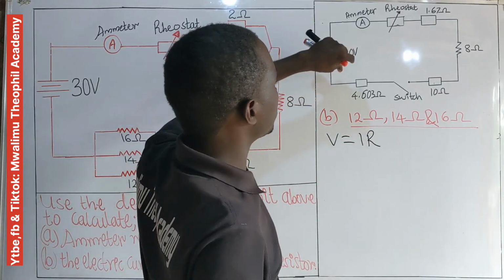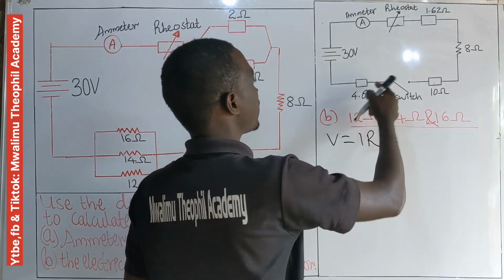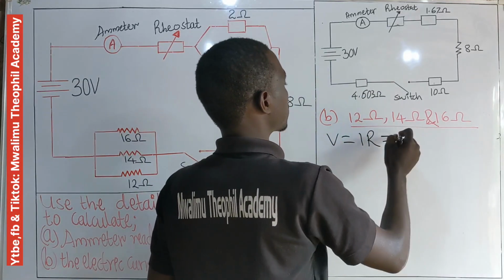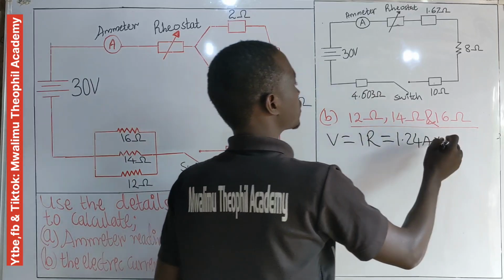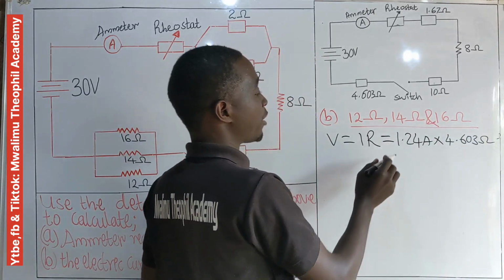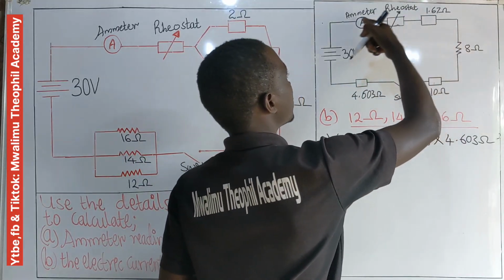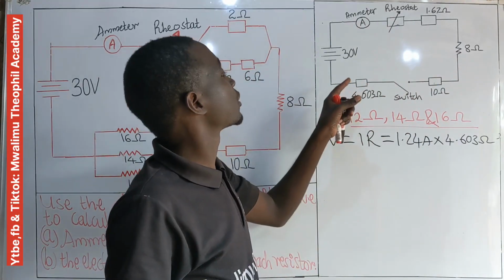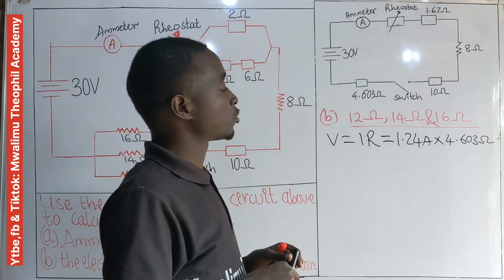The total voltage for these 3 resistors represented by the single 4.603 ohm resistor will be equal to the total current, 1.24 ampere, times the total resistance, 4.603 ohm. Remember, I have used the current of 1.24 ampere as this resistor is in series with the remaining 1.67, 8, and 10 ohm resistors, so they carry the same electric current, which is the total current in this series system.